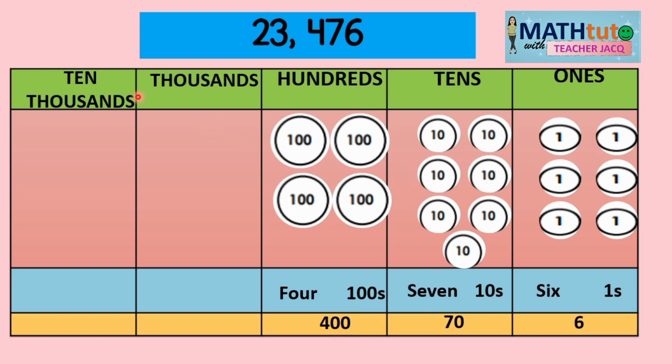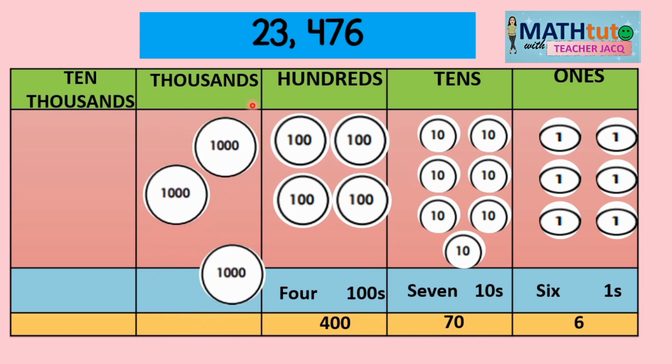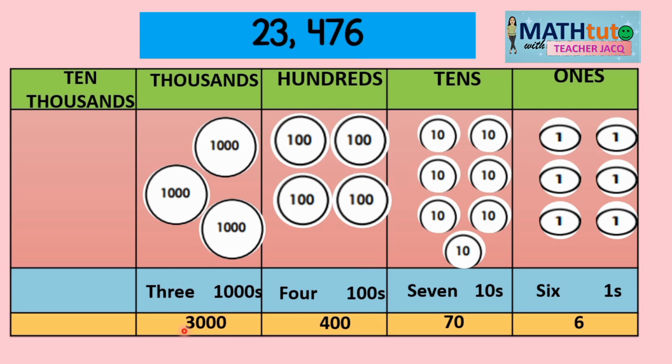Under the place value of thousands, we have digit 3. So let us draw 3 discs under thousands place. 1, 2, 3. So we have 3 thousands, or 3 times 1,000 is equal to 3,000.